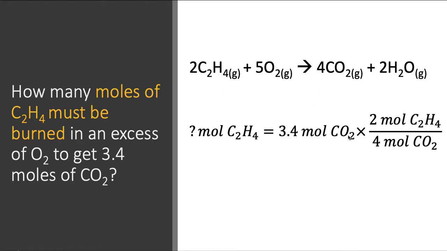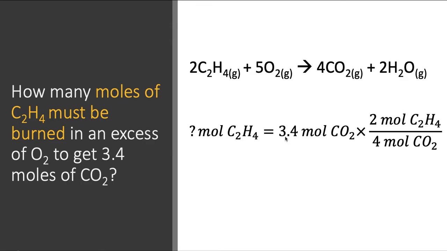I set up my conversion factor from the molar coefficients in such a way to get rid of my CO2 moles. I write moles of CO2 at the bottom and moles of C2H4 on the top because that is the unit that I want to be left with. My moles of CO2 will cancel, and I'm left with moles of C2H4.